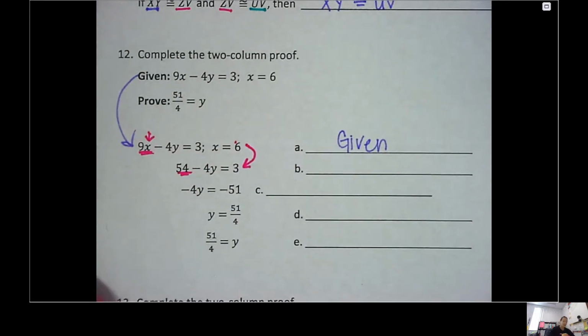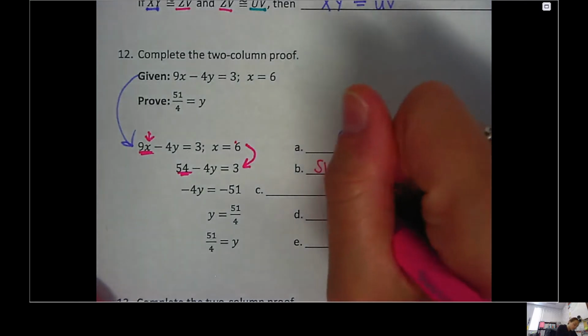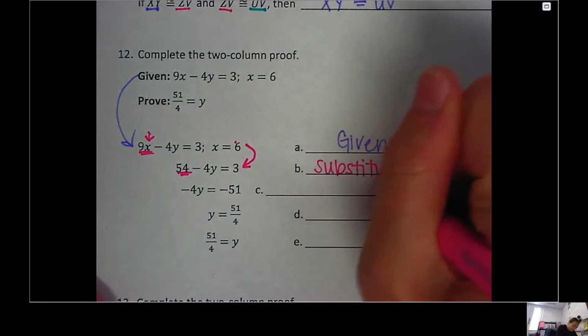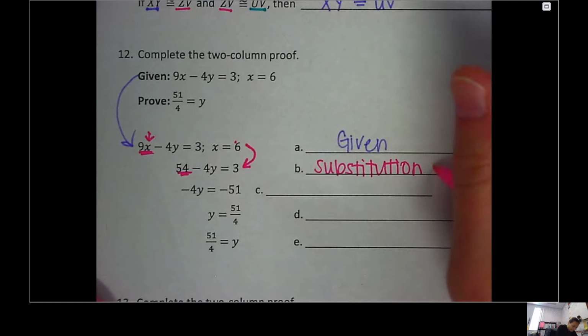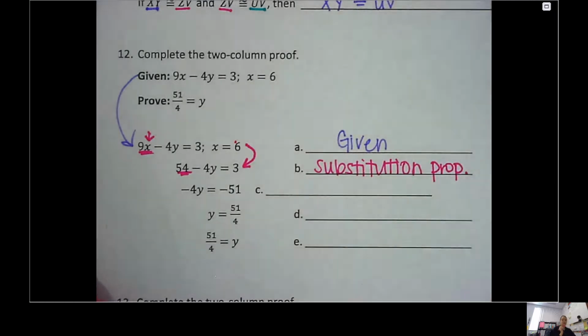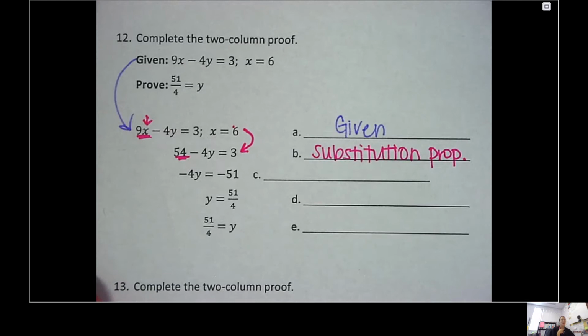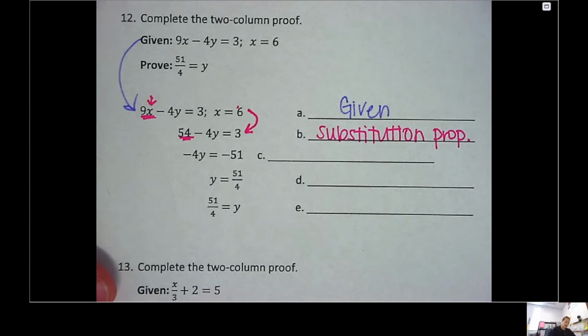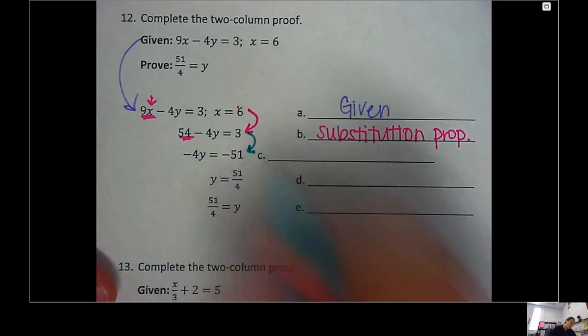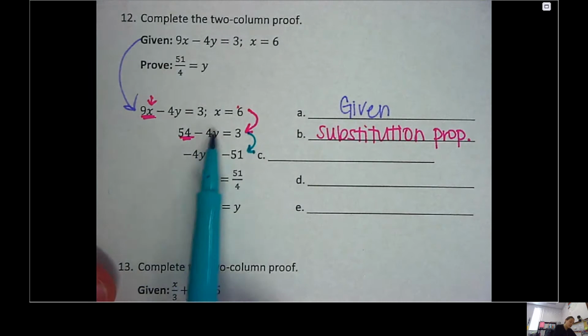When you plug something in, that's called the substitution property. Okay, plugging it in. You're taking the place. Think about, right, like when Miss Damaso is gone, someone comes in and takes my place. A substitute comes in and takes my place. It's the same idea.